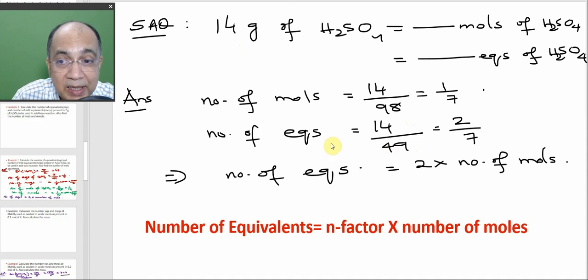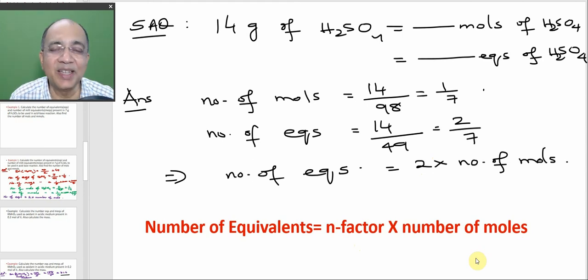So did you find the number of equivalents is two times the number of moles? It is 1 by 7, it is 2 by 7. What is 2? The 2 is the valency factor or the n factor or the x factor. Therefore, in all cases, the number of equivalents is equal to n factor into number of moles. If n factor is 1, then the number of moles is same as number of equivalents.